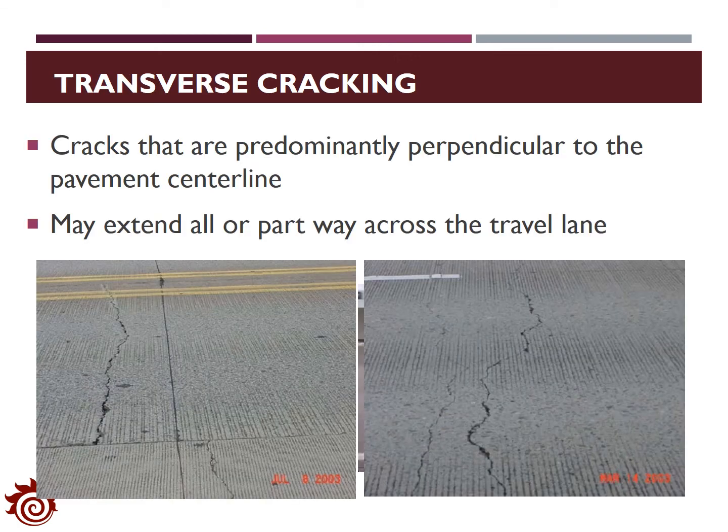Transverse cracking is also common for rigid pavement. This type of cracking will create cracks which are perpendicular to the pavement center line, and transverse cracking can extend the cracks to a partial travel lane or to all the travel lanes along the road.